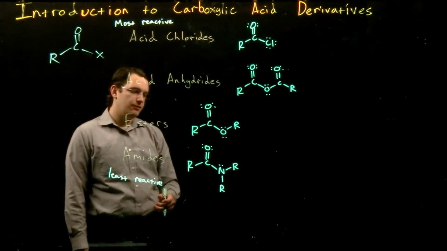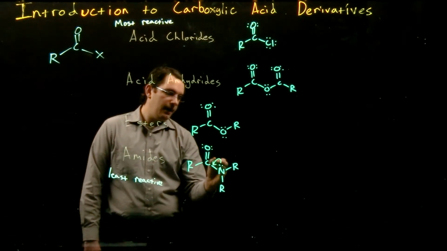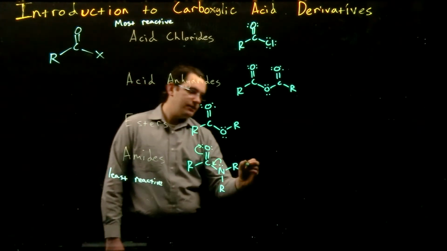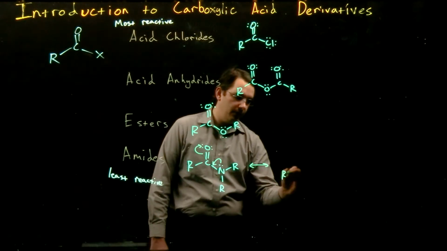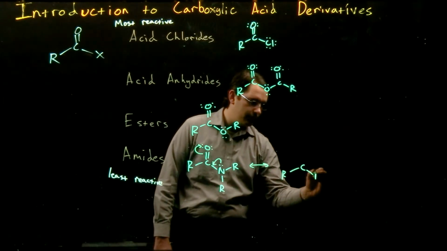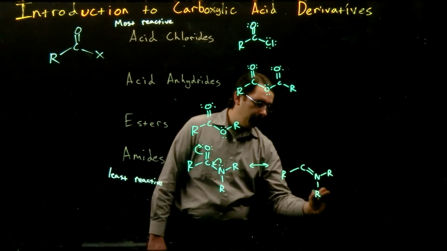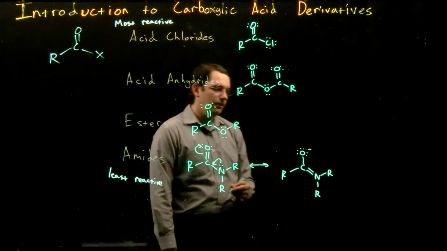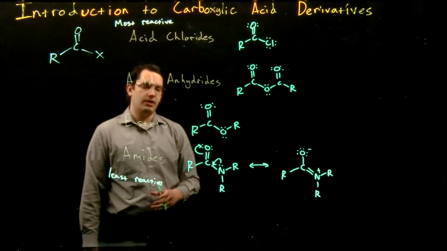Since our nitrogen has relatively low electronegativity, it can donate its electrons in order to shift our double bond. So if we complete that resonance structure, we would end up with our nitrogen with the double bond and our oxygen now with an extra lone pair and a negative charge. Our nitrogen will have a positive charge in this case.